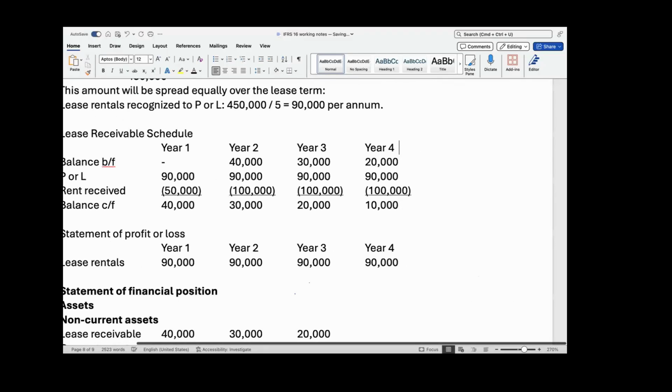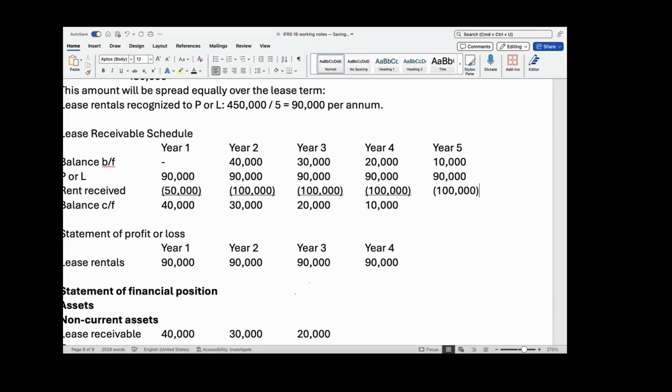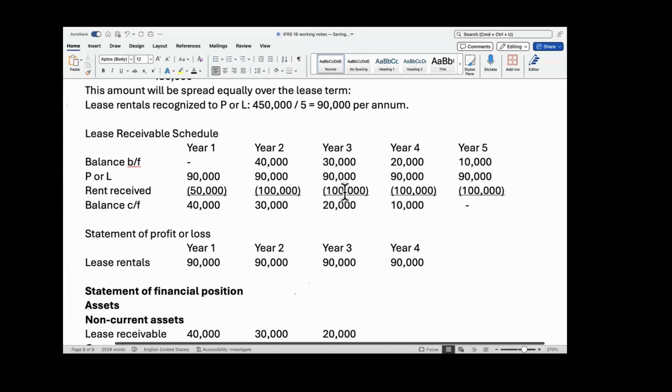So in year 5, 10, I recognize 90, I receive 100, then this is 0.